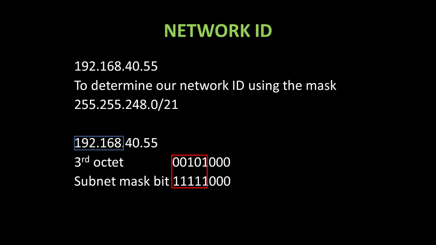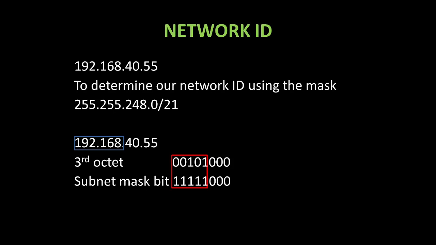00101. When we single out these bits based on the comparison, you notice that the 00101 is falling within the 5 bits of our subnet mask, meaning that this 40, remember that the third octet there is 40 and this one is 248, so this 40 is falling within our subnet mask, meaning that it must be used.